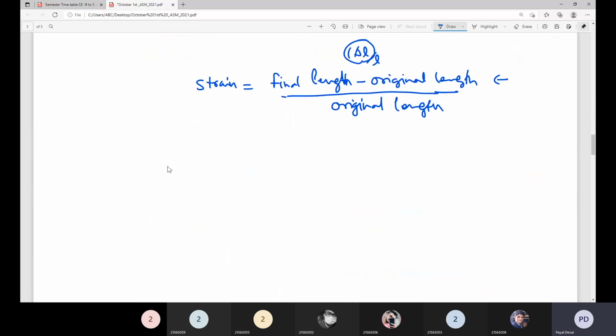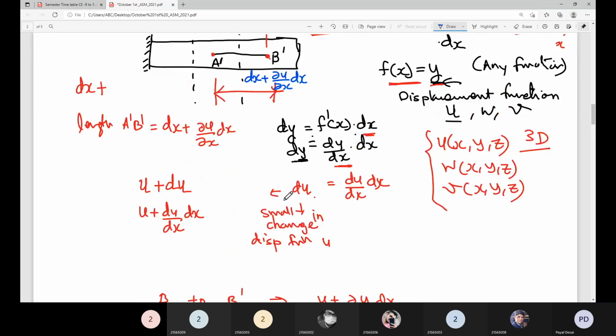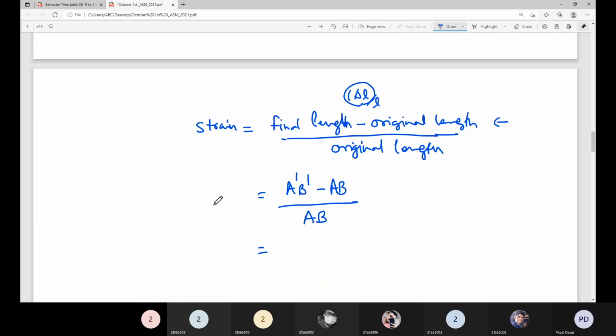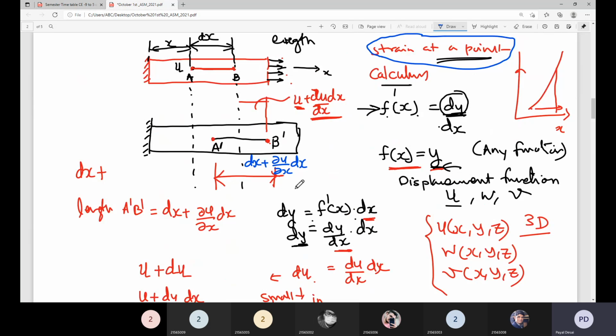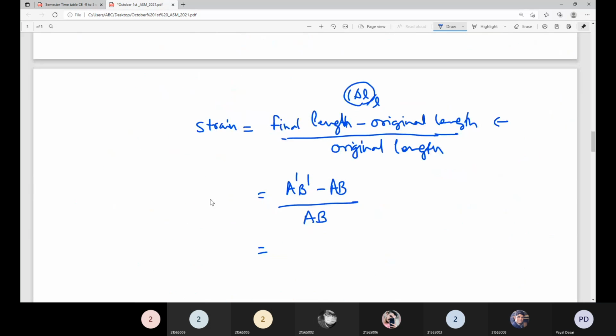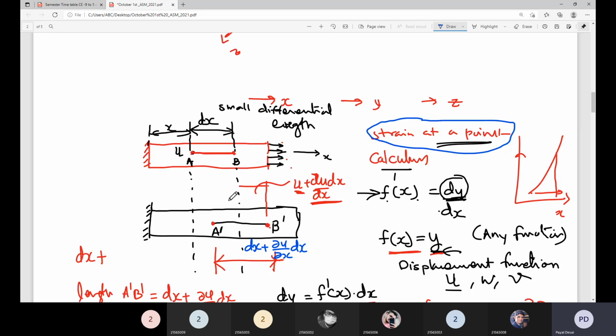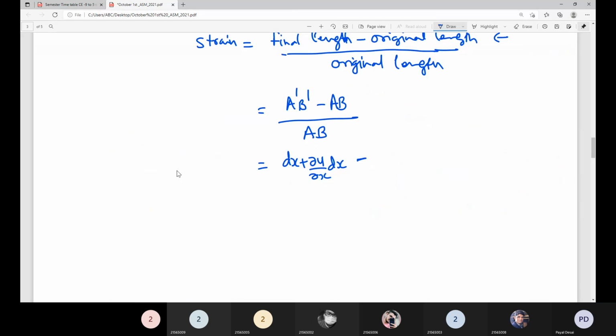So I already have the formula: a dash b dash is dx plus del u by del x into dx, minus AB, AB की लेंथ dx है जो ओरिजिनल लेंथ है, divided by dx. तो dx dx कैंसल हो जाएगा.